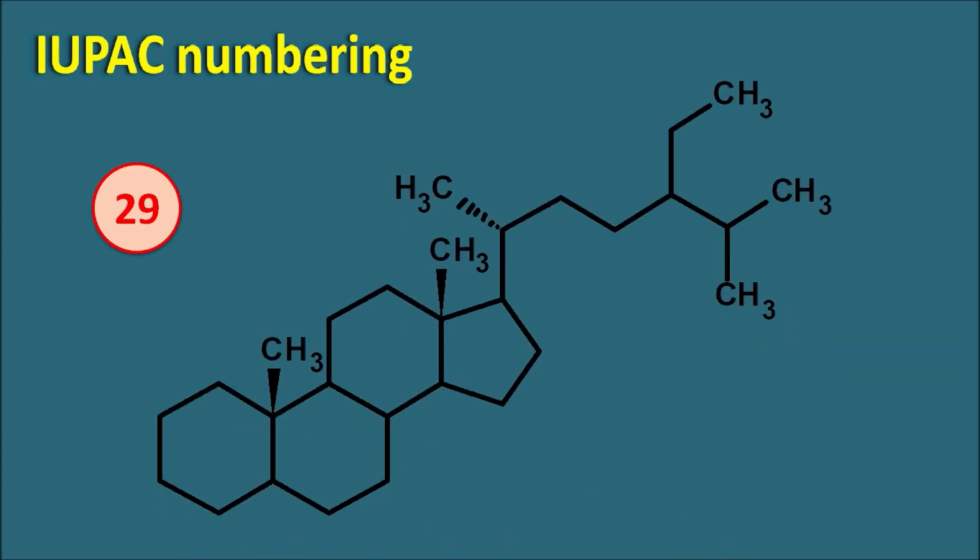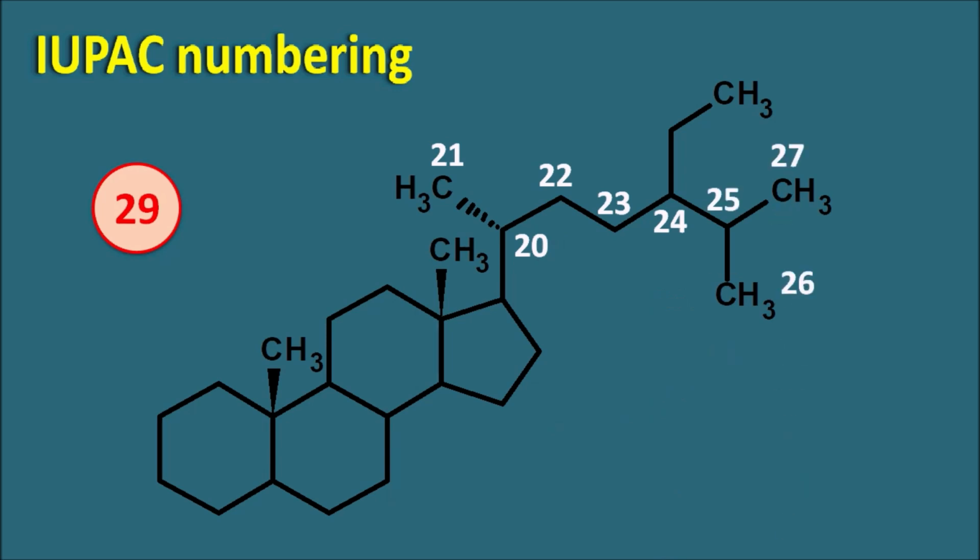But according to the IUPAC, there is a little change in this numbering system. For example, if you consider the 29-carbon steroidal nucleus, we have already seen that the side chain is numbered 20, 21, 22, 23, 24, 25, 26, 27.